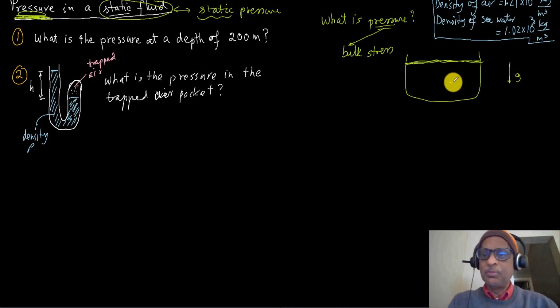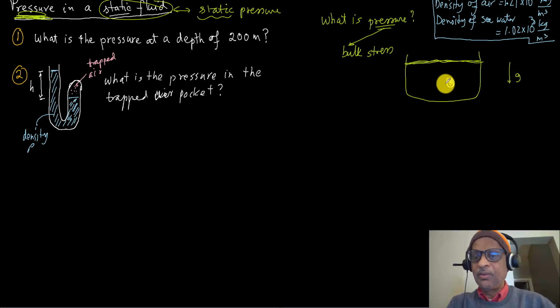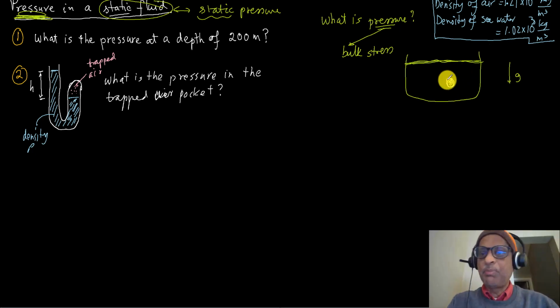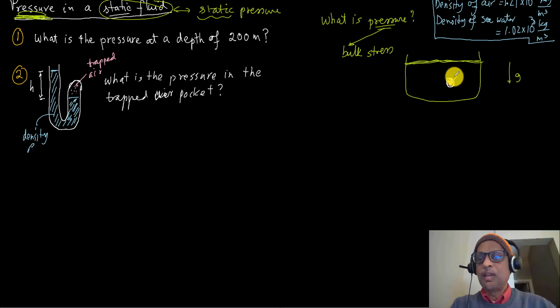To get the bulk stress here, if I were to look at a small element, when there is nothing around, no pressure, it has one shape, and then if there is pressure, it may shrink. So the amount of volume shrink is delta V. So pressure is being applied equally.